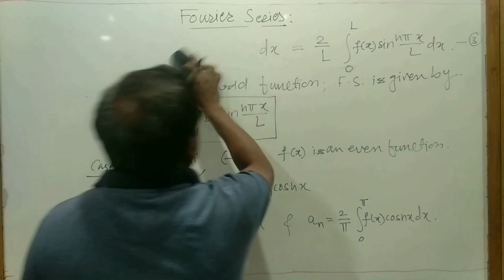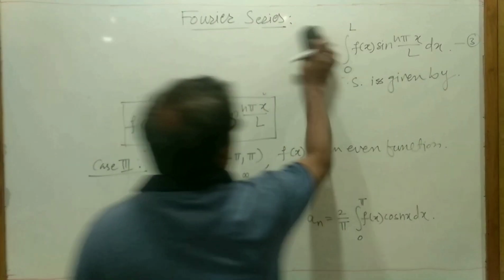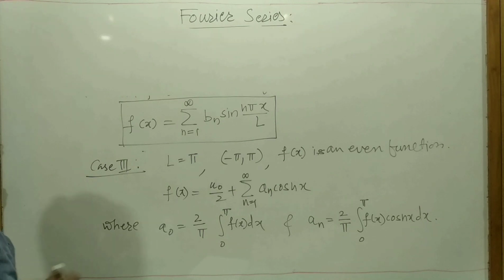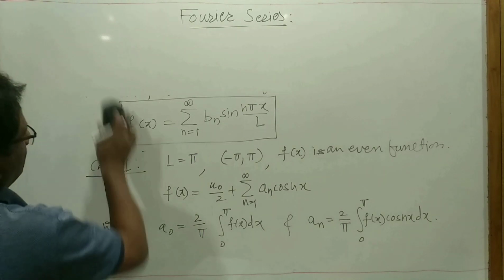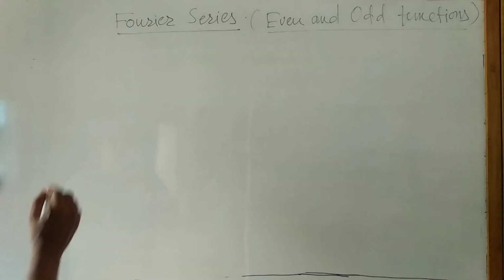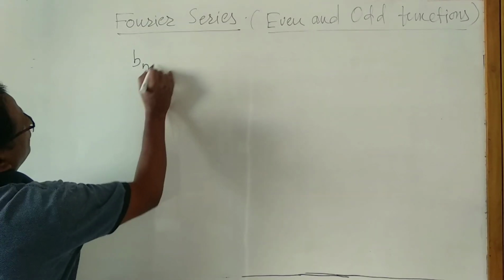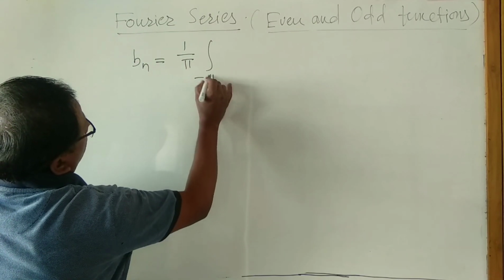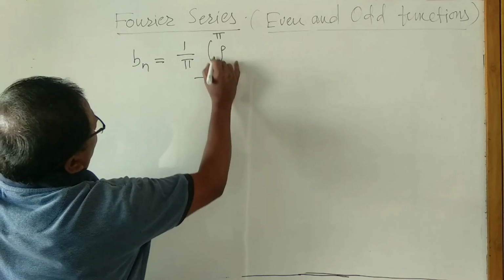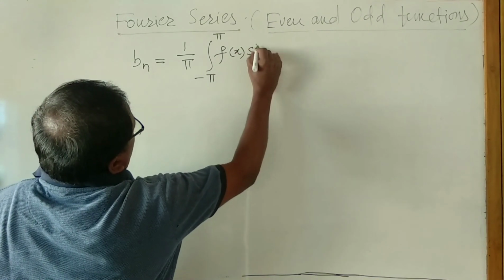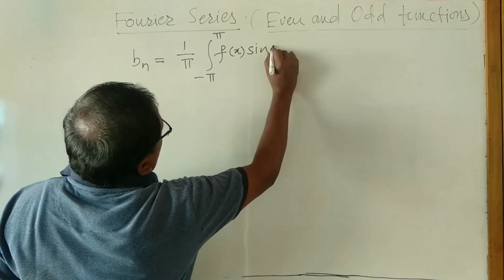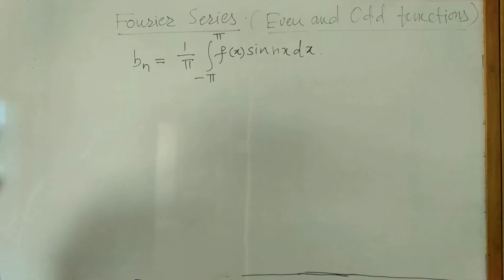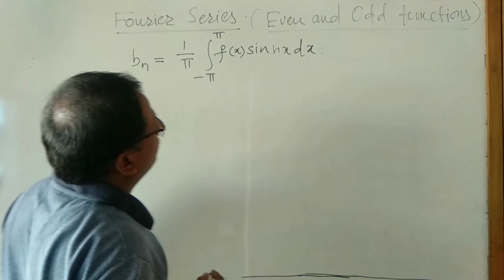Now, if f of x is odd and the interval is minus pi to plus pi, in that case, Bn is given by Bn equals 1 upon pi integral minus pi to plus pi f of x sin nx dx. Now f of x is odd, sin nx is also odd, therefore the product of two odd functions is an even function.